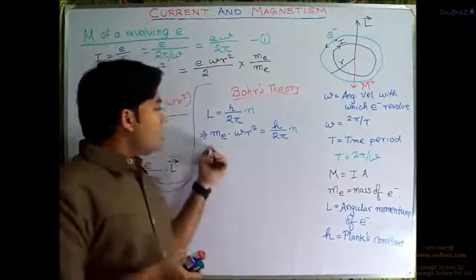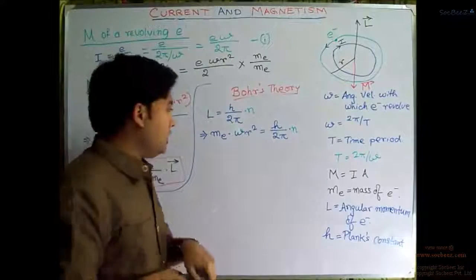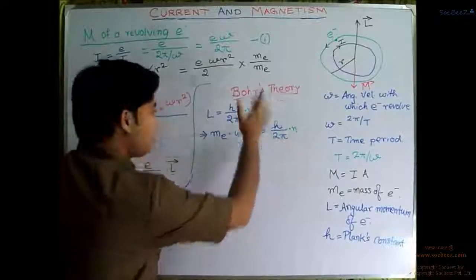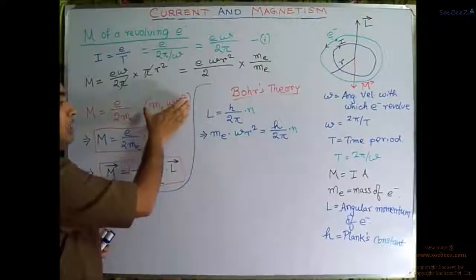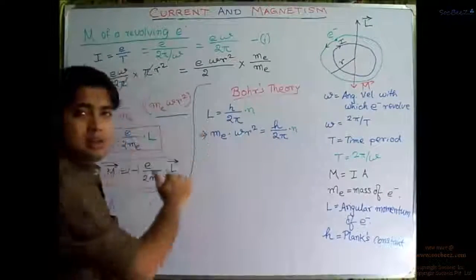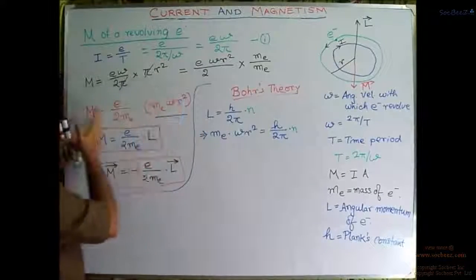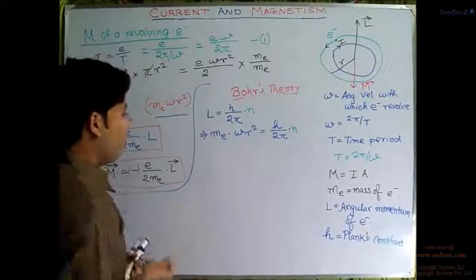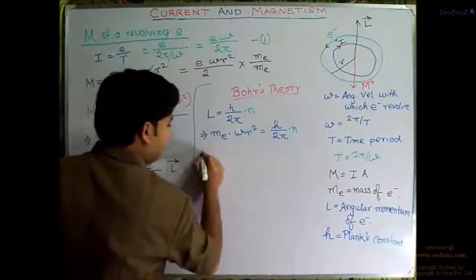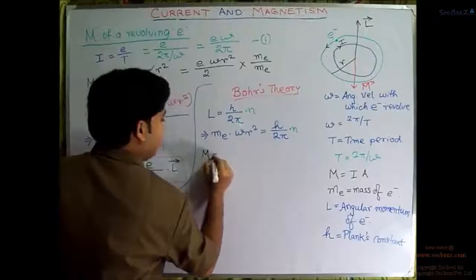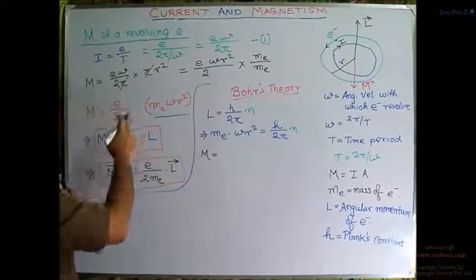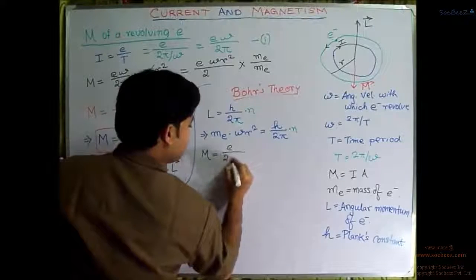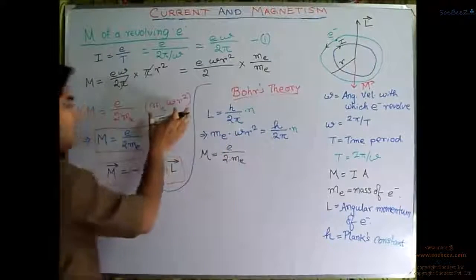Right? So from this expression, we can keep this one as equal to this. If we wish to find out the m, or the magnetic dipole moment, we can find it as the magnetic dipole moment is equal to e divided by twice the mass of the electron multiplied by this angular momentum.